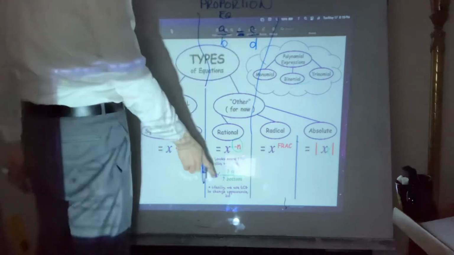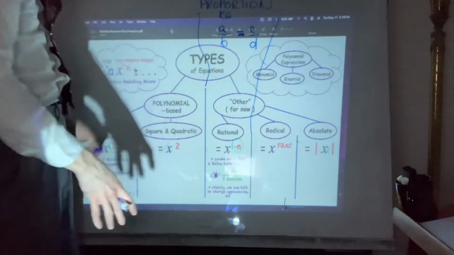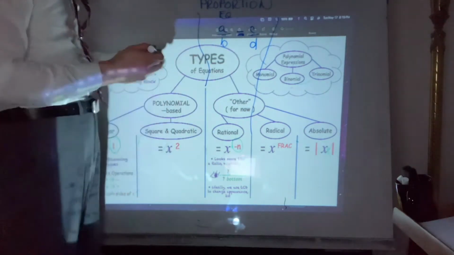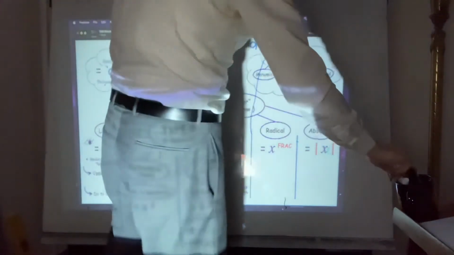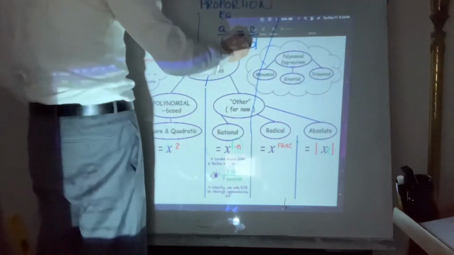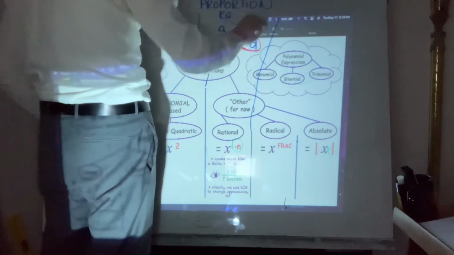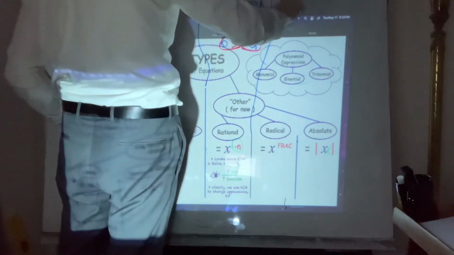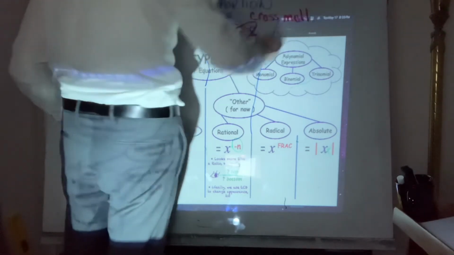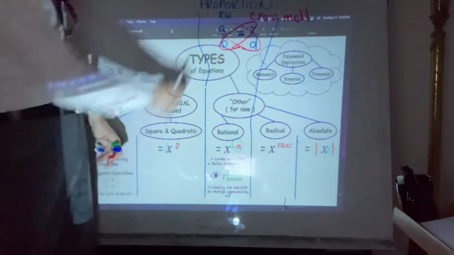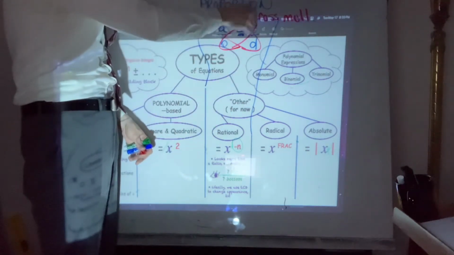It's less complicated than the type that we're going to go through. But the basic technique when you have a proportion equation is to cross multiply. So just remember that for now. There's a cross multiplication if you just have one simple ratio set equal to one simple ratio.